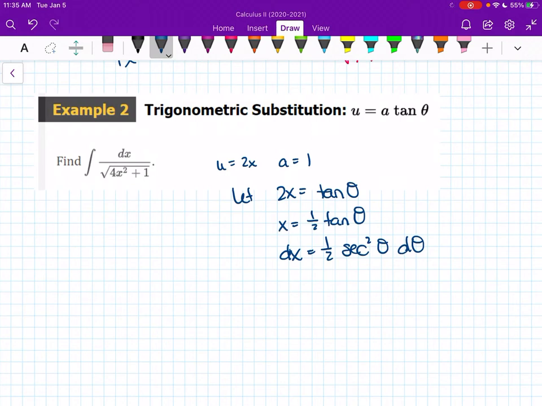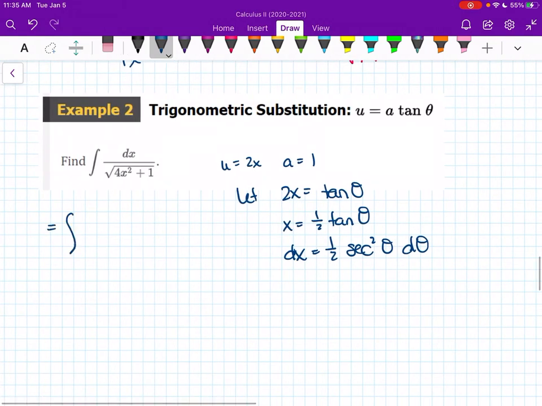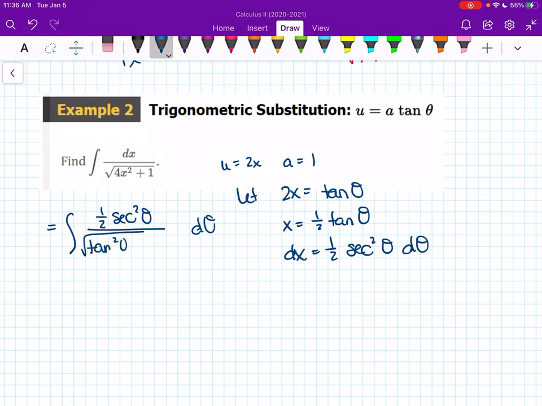So then I'm going to go through and do all of my substitutions. So dx on the numerator is 1/2 secant squared theta d theta. And then on the denominator here, well, 2x equals tangent theta, so 4x squared is going to be tangent squared theta, and then plus 1, which is nice because now I don't have to do any factoring. I'm going to take that 1/2 out front, actually.